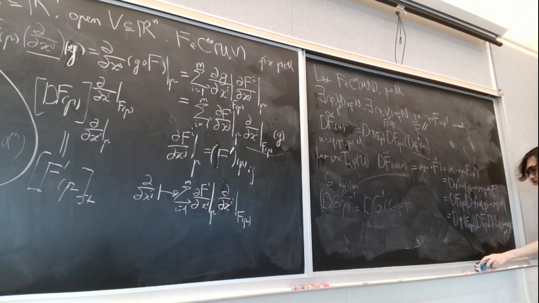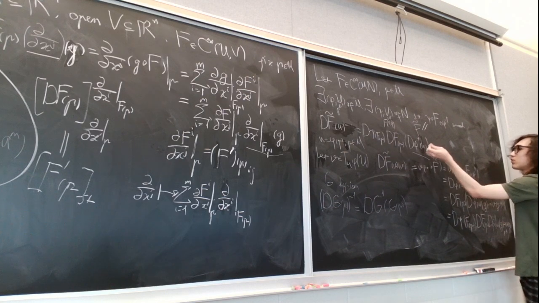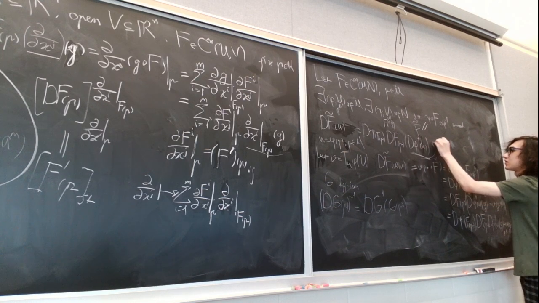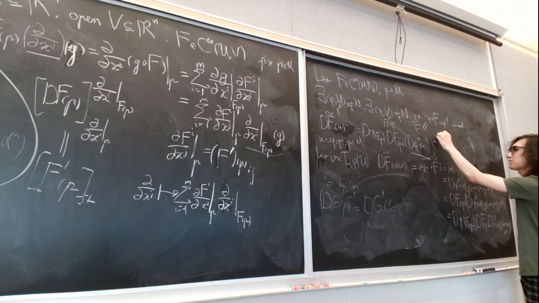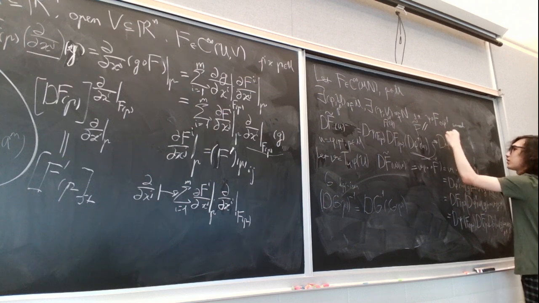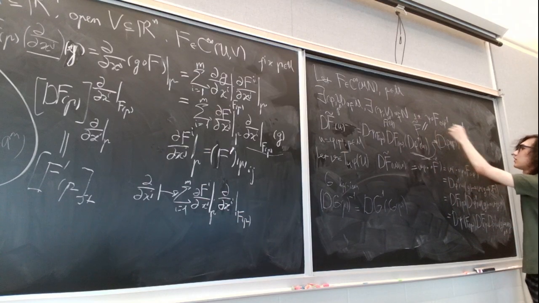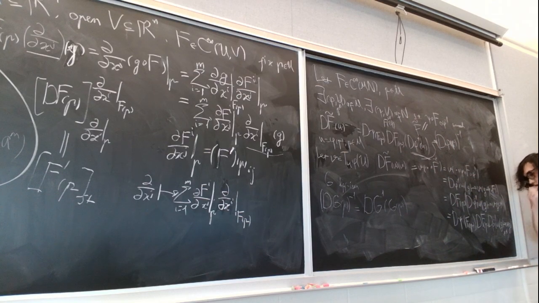It's fine because this is still here. And so we can write this last bit as d of phi at p inverse. These two are the same thing.